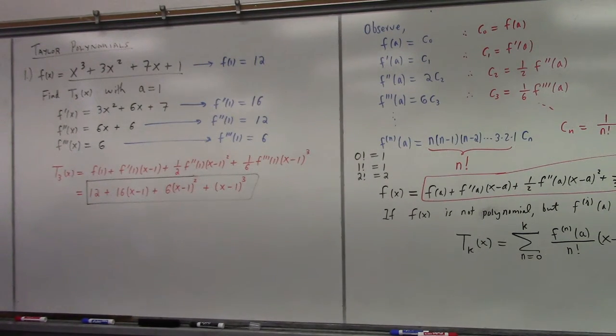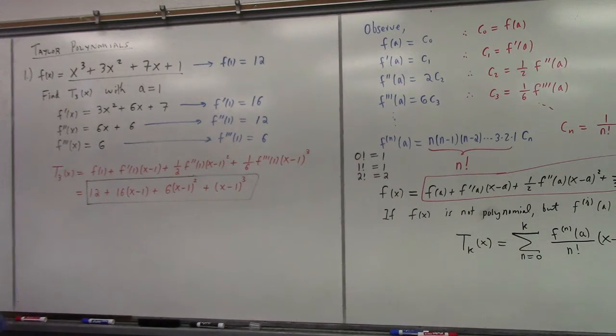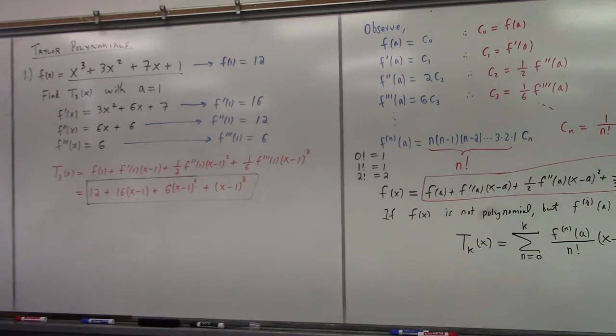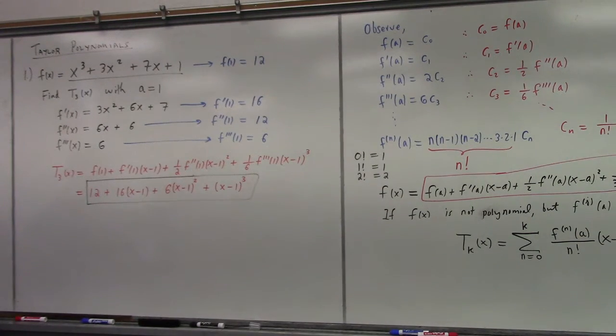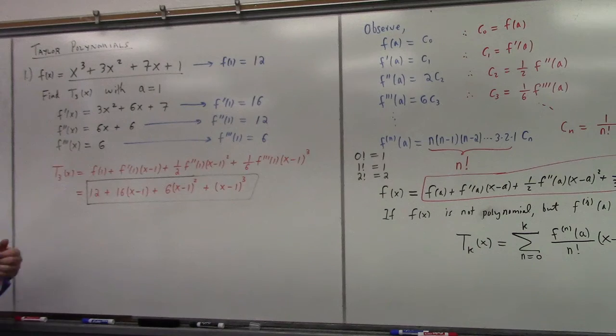You could alternatively use the word editor and type out T3 of x equals this. So it's up to you. I think taking a picture of this is a good idea, because then you have a record of how we found it.